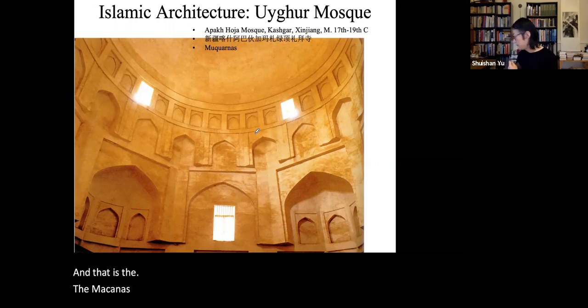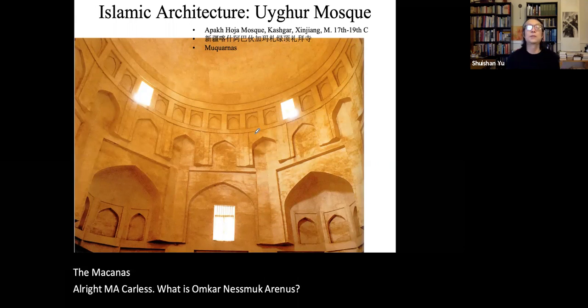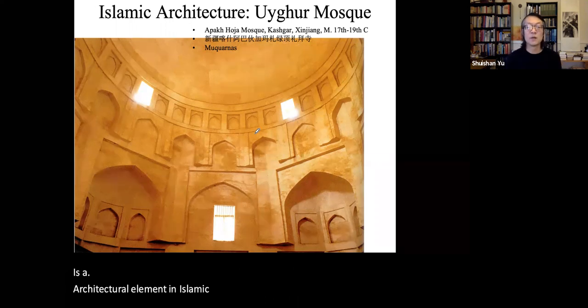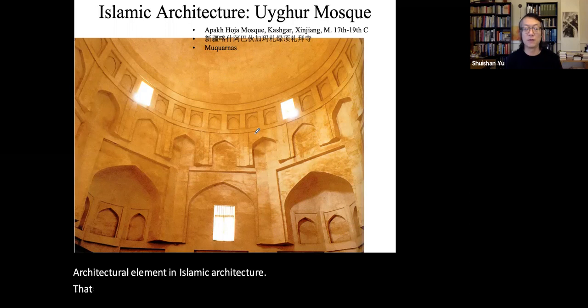All right, muqarnas, what is a muqarnas? Muqarnas is an architectural element in Islamic architecture that is in the form of a honeycomb-like form.